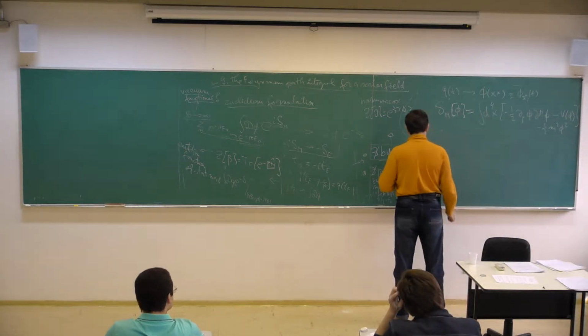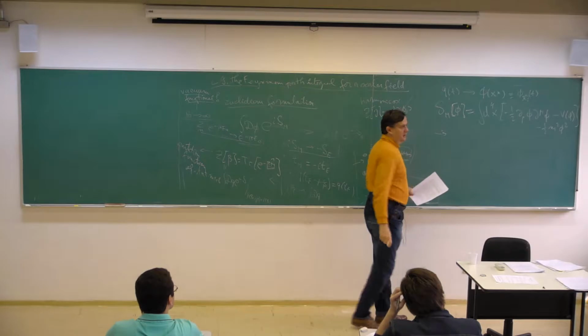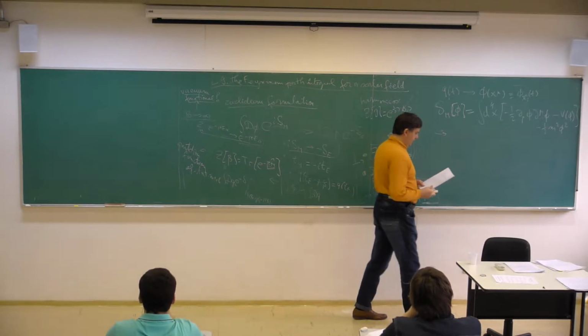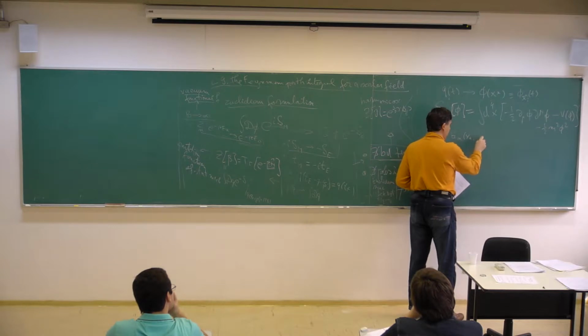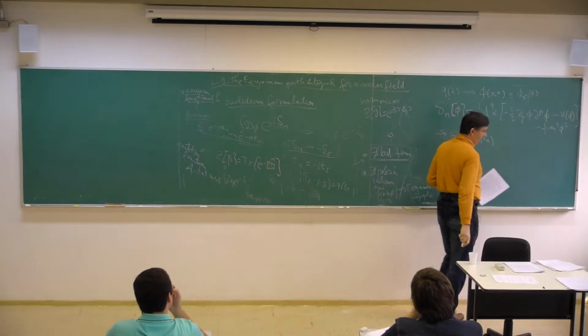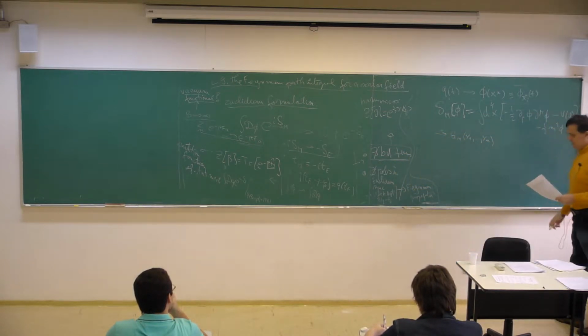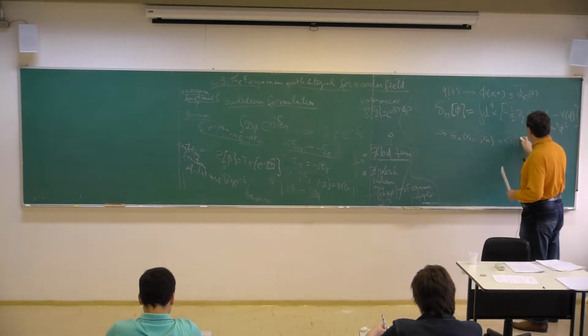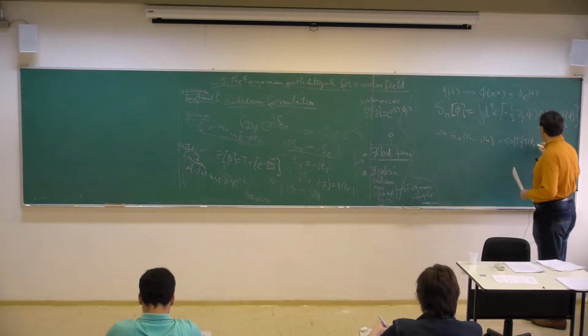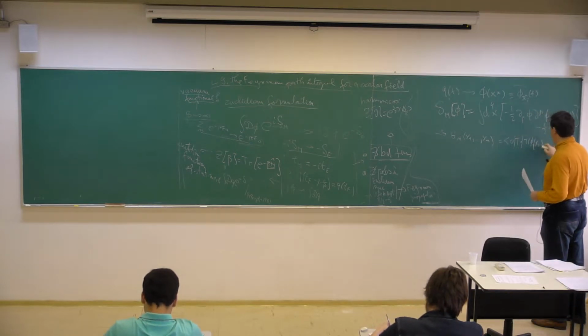And then with this action we found that the relevant objects that we want to calculate, the Green's functions or n-point functions, were time-ordered products of phi of x's.